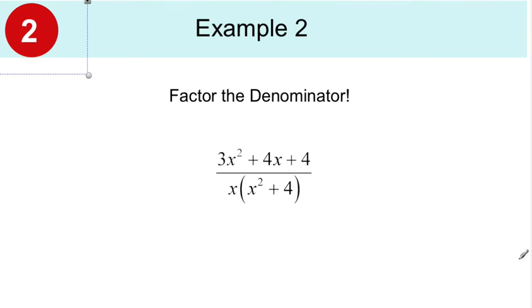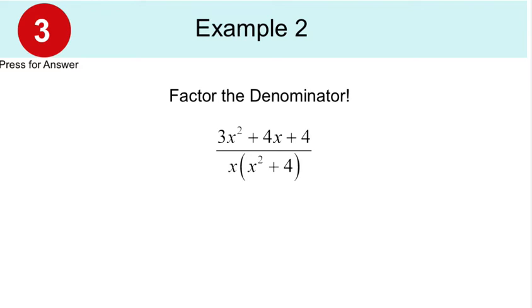Here is the answer you should have gotten, and you'll notice that this factor here, x squared plus 4, is prime. You cannot factor the sum of squares. So our next step is to write this as a partial fraction. And we've factored the denominator, so again, the next step is to write it out like so.